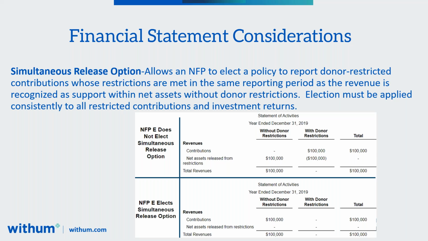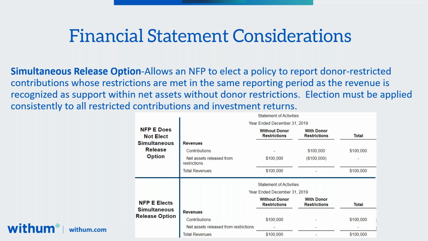As you know, we've always had this simultaneous release option. So to the extent that a not-for-profit receives funding with restrictions, and to the extent that restriction is met in the same period, you could record those transactions directly in the without donor restrictions column.